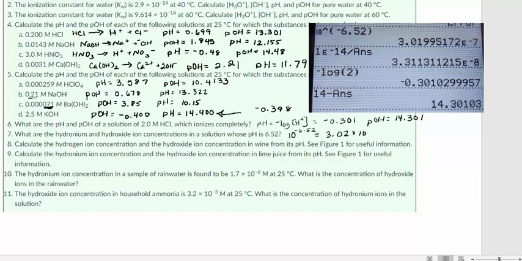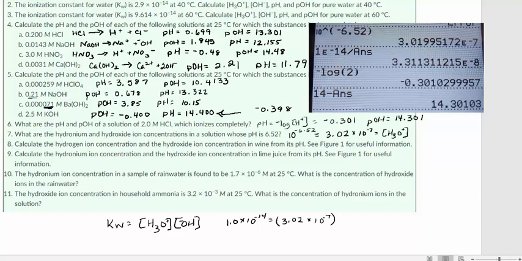So to find the concentration of the hydroxide ion, you need to remember your Kw expression. Remember, Kw is equal to the hydronium ion concentration times the hydroxide ion concentration. Since Kw at 25 degrees, because we aren't told anything different, so we can assume 25 degrees, is 1.0 times 10 to the negative 14, we can then plug in our hydronium ion concentration and solve for our hydroxide ion concentration.